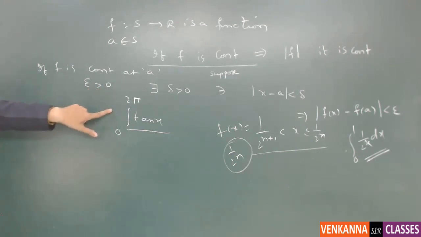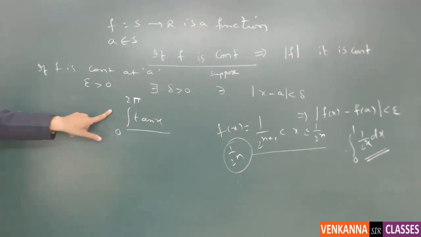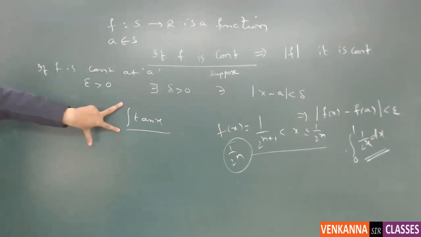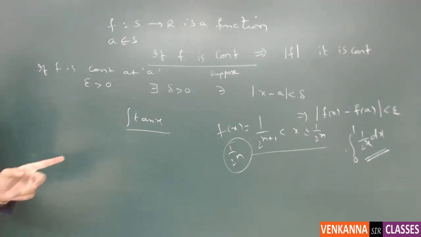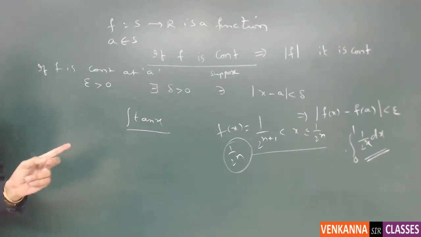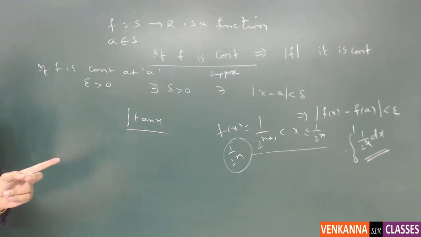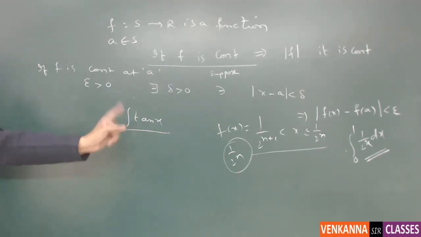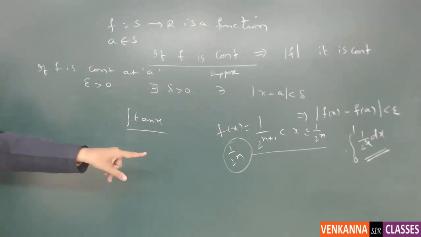Agreed? If I erase this interval, it is discontinuous at infinitely many points. Will you agree? Yes. So even though the function is discontinuous at so many values, it is integrable.